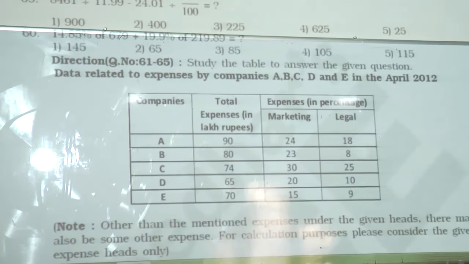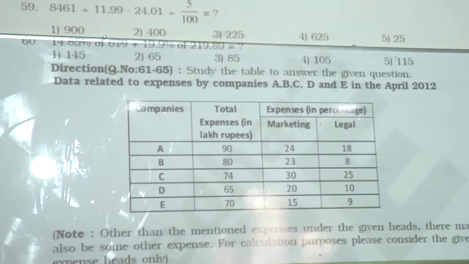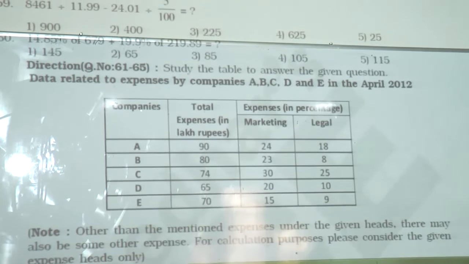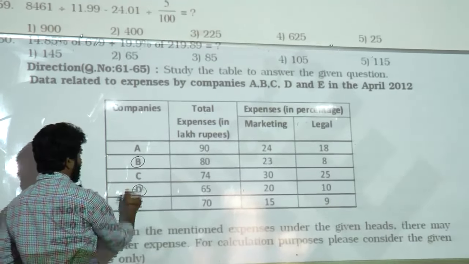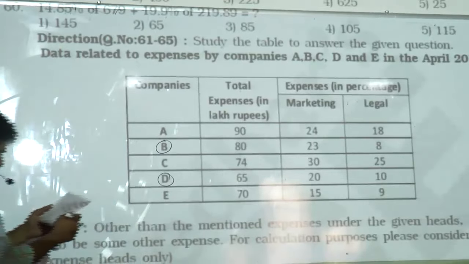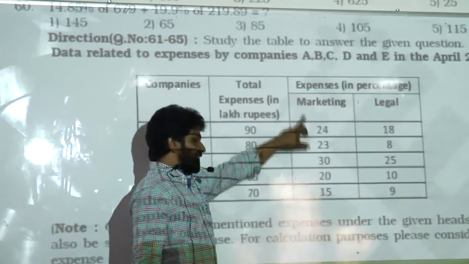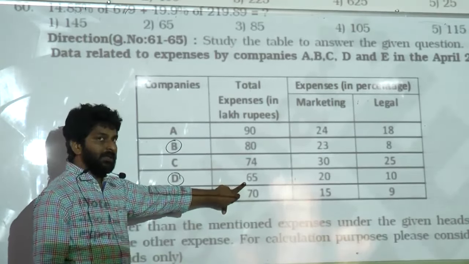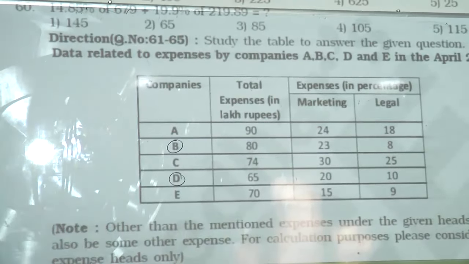61. Marketing expenses of company D is less than marketing expenses of company B by approximately what percent? D and B marketing. Company D, marketing expenses they are going to spend 20%. 20% of what? 65. 20% of 65 is 13.